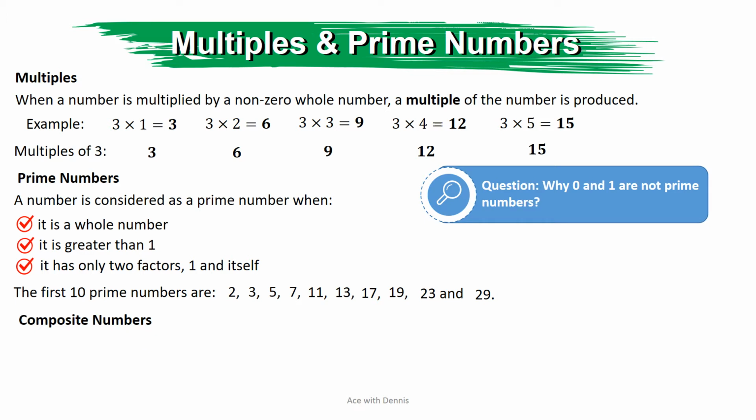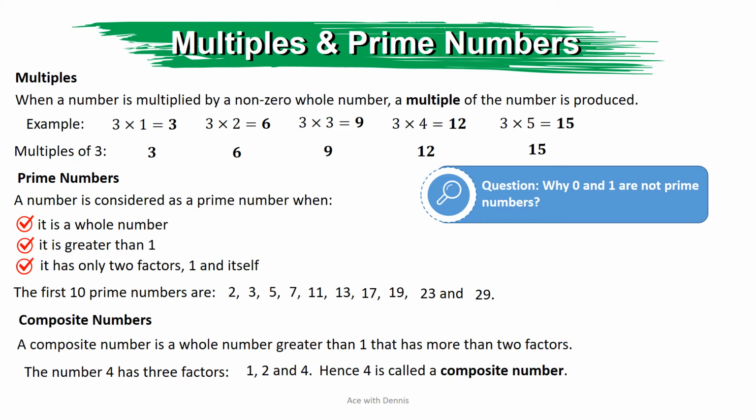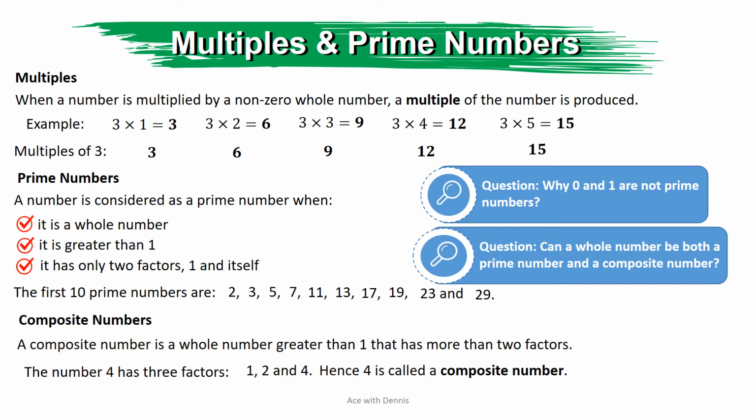Next, composite numbers. What are composite numbers? A composite number is a whole number greater than 1 that has more than 2 factors. For example, the number 4 has 3 factors, which are 1, 2, and 4. Hence, 4 is called a composite number. Here's a question.